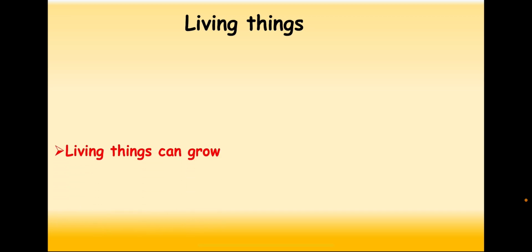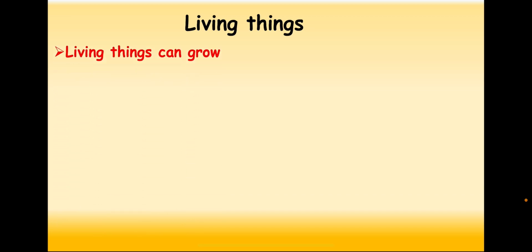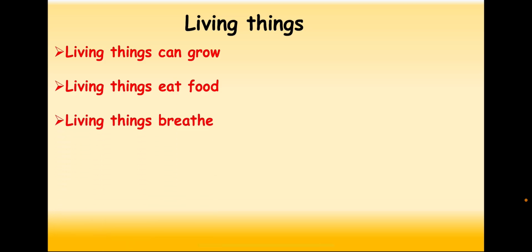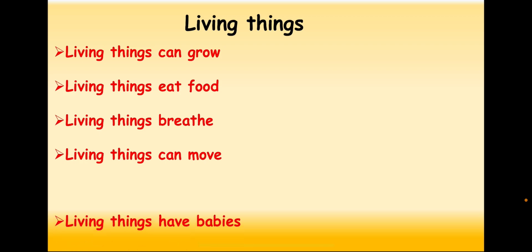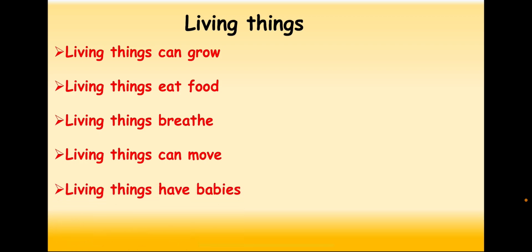The first one is living things can grow. Second, living things eat food. Third, living things breathe. Number 4, living things can move. Number 5, living things have babies. So these are the 5 characteristics of living things.